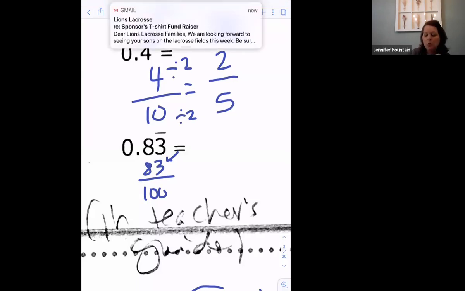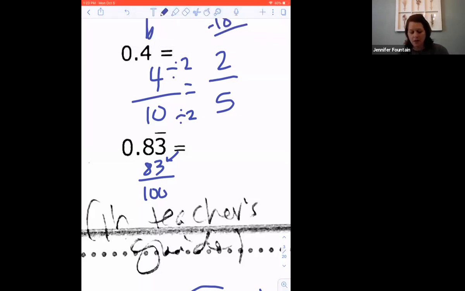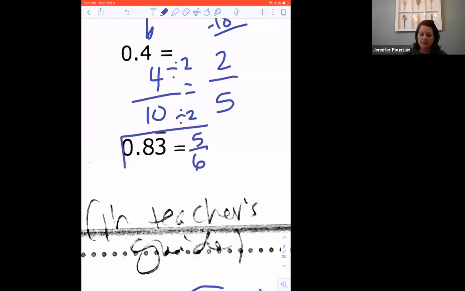But I will show you how they get what they get. You can see in the yellow that it says 0.83 repeating is equal to 5/6. That's what they've told us in the yellow.